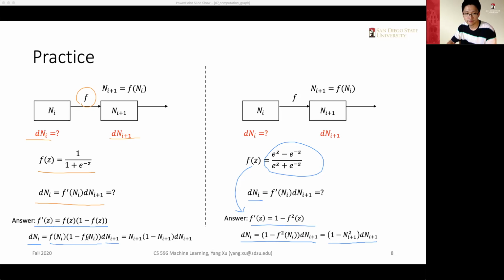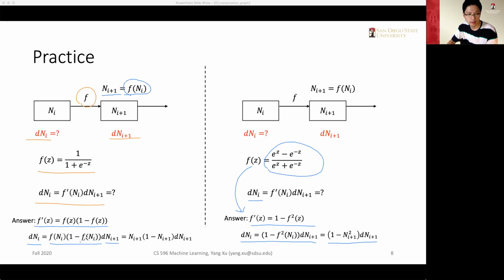I didn't mention that the future node n_{i+1} is the f applied to n_i.